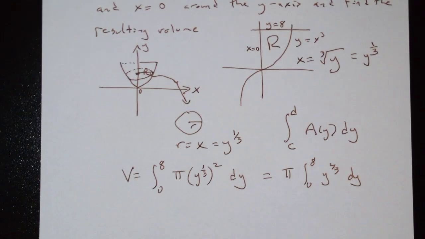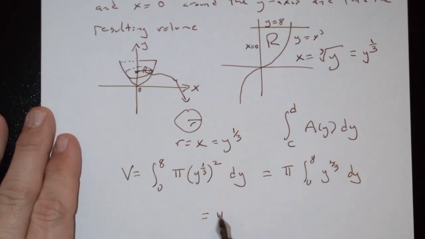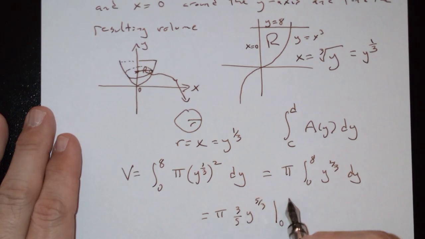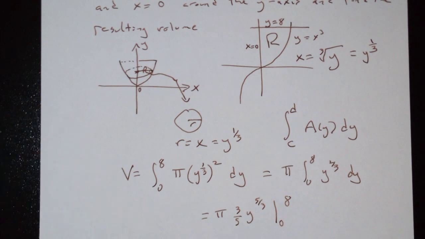Yay. I get y to the 5/3 power, which means I get a 3/5 because it would be over 5/3. And I have to take it out, flip it. And now I can plug in.